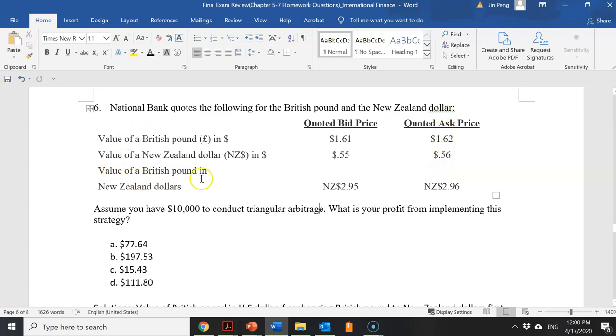The value of a British pound in New Zealand dollars is 2.9895 at bid and 2.96 at ask. Assume you have $10,000 to conduct triangular arbitrage. What is your profit from implementing this strategy? Okay, so this is a calculation question for triangular arbitrage.